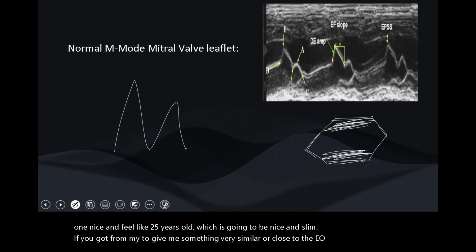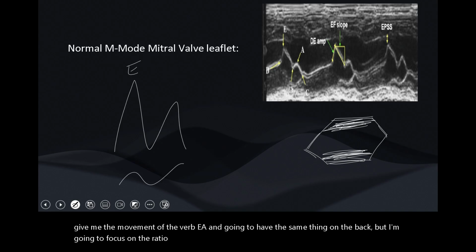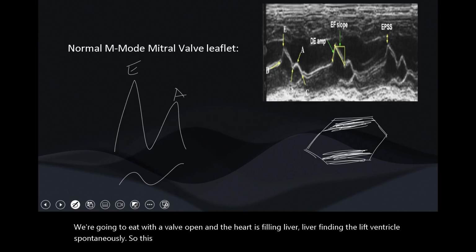It gives me the movement of the valve, E and A, and it has the same thing on the back, but I'm going to focus on the EA ratio. So I'm going to say this E, this A. We call E when the valve opens and the heart is filling the left ventricle spontaneously. So this one is left ventricular filling.